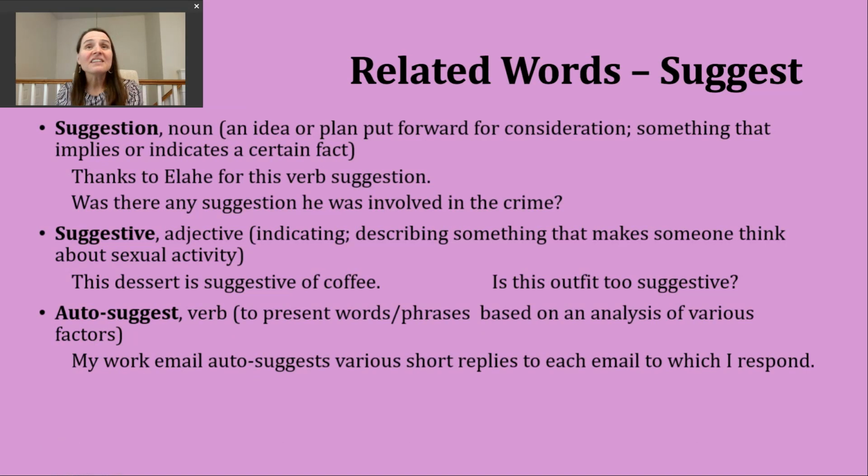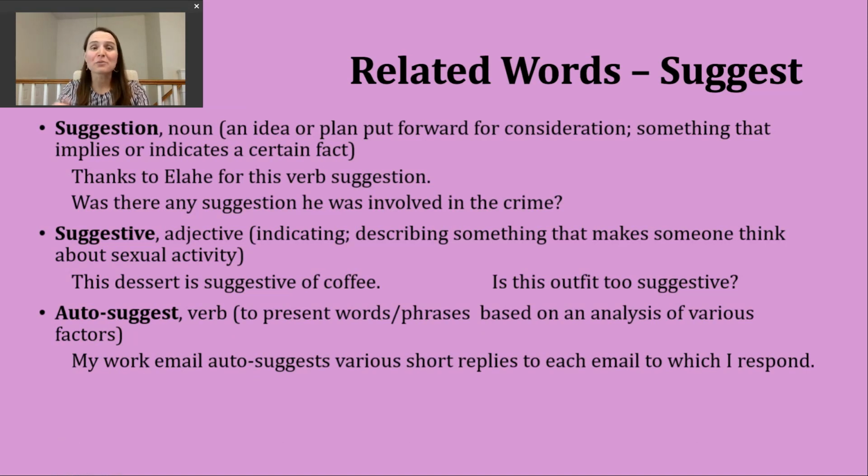Okay. The last related word we're going to look at is the verb auto-suggest. This is more commonly used now with our expanding technology. Maybe you've seen it as you use a smartphone and you're going to write a text or write an email.